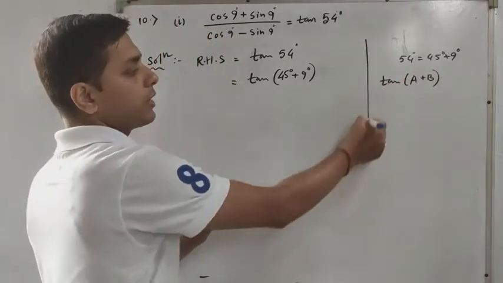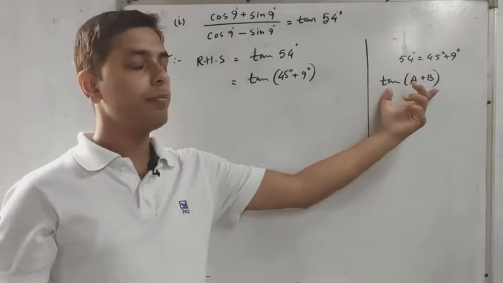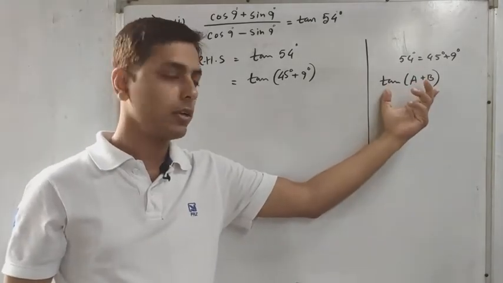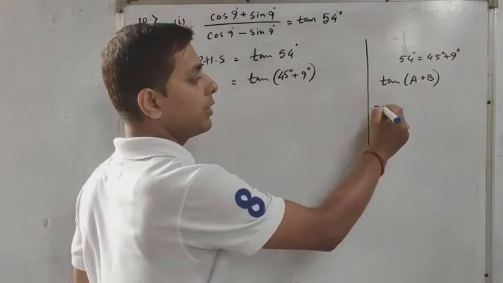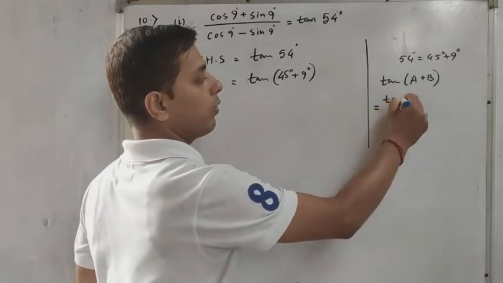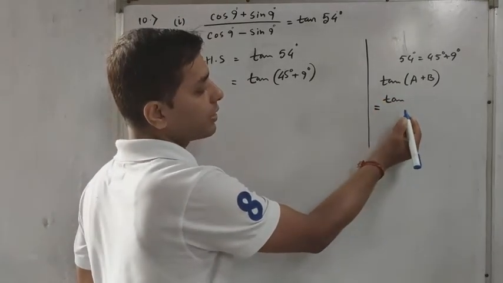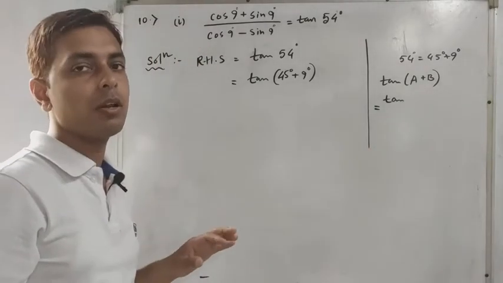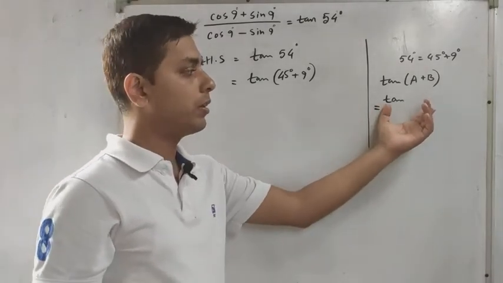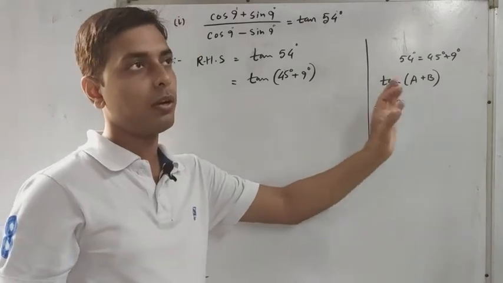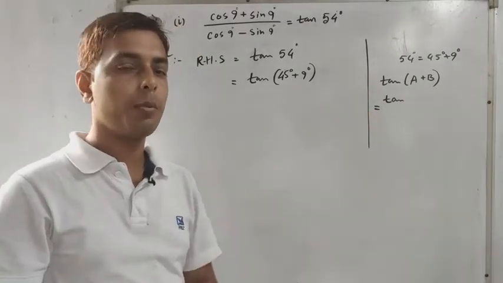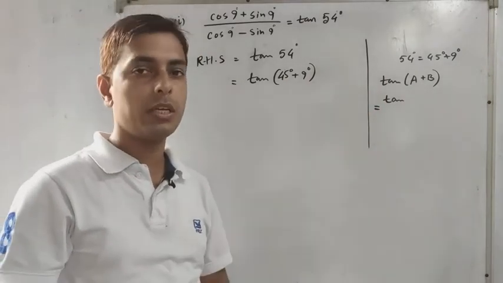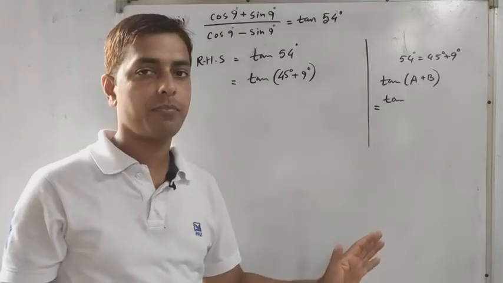Tan of 45 degree plus 9 degree. As soon as we break 54 as 45 plus 9 degree, it becomes tan A plus B type. You know tan A plus B is? Yes, we have an identity. Can we apply that identity here? Of course we can. What was the identity? Identities are already discussed in our previous classes, so it would be better if you have remembered. I told you that identities are a must in trigonometry. If you understood the identities, then it's very interesting.